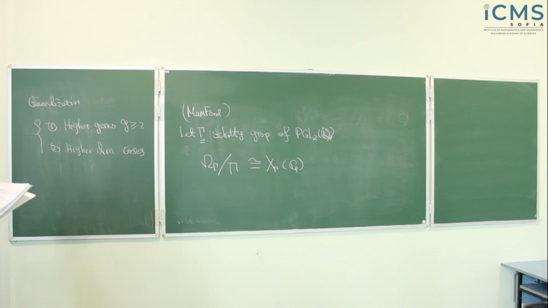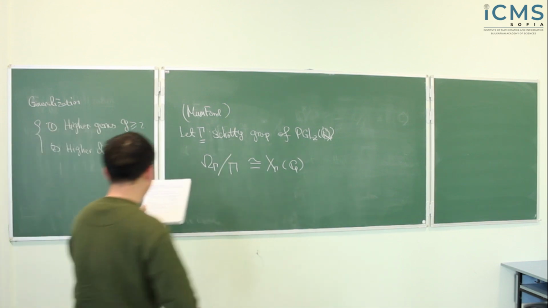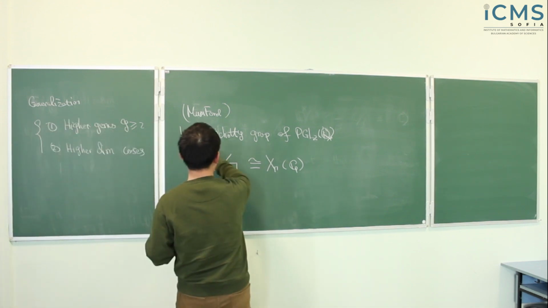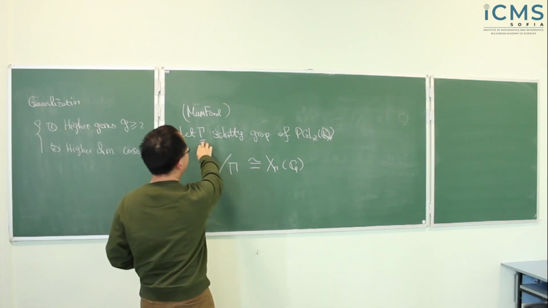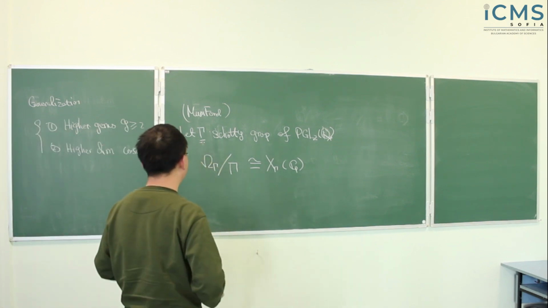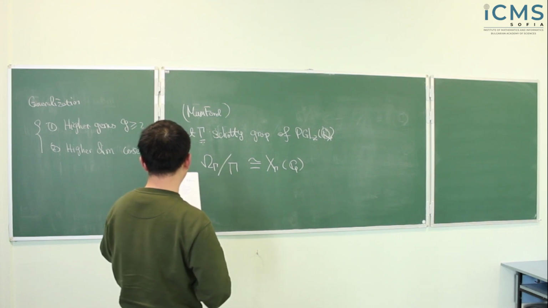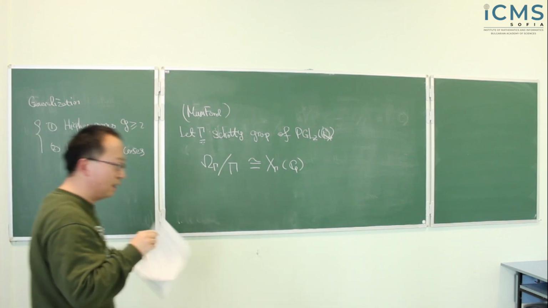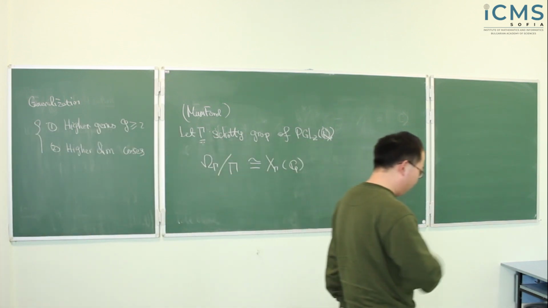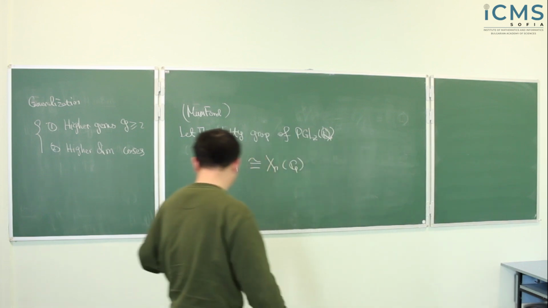Here we assume K is QP. Okay, so let's see the simplest case of Mumford's result. Here gamma being a Schottky group means the action of gamma is finitely generated and discrete. So this is a similar definition to the arithmetic groups.